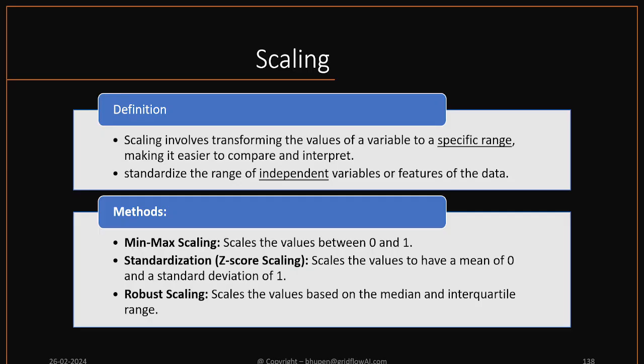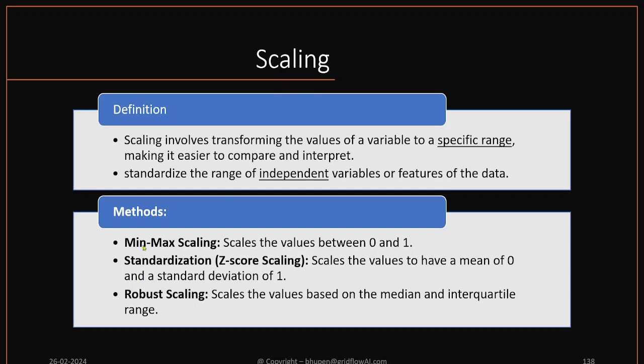Let's get started. So what is scaling? It involves transformation of values in a column or variable to a specific range. Now, this can be one of the methods. The other method can be standardizing the range of values. So these are two methods which are typically used when we talk about scaling or normalization.